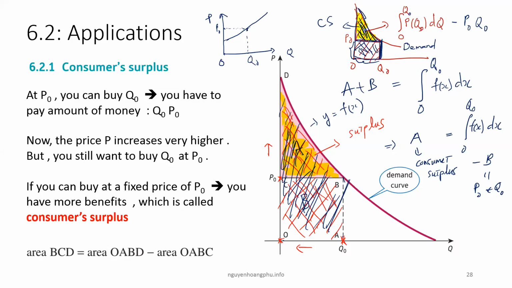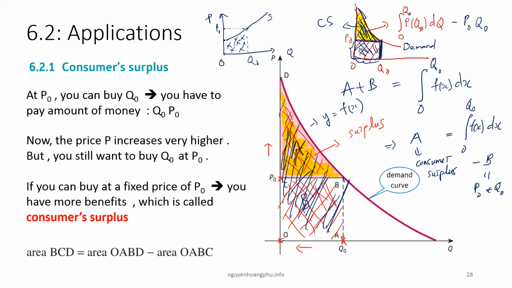Ở đây thì các em thấy đây là hàm supply. Cái phần này nó chính là cái giá trị thực tế mà nhà cung ứng sẽ được hưởng.